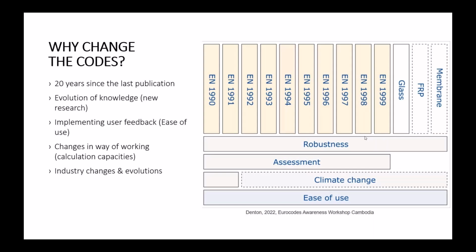Also, we changed our way of working in 20 years. Luckily, there's been some evolution, mainly in the calculation capacities that we have today with our computers and with programs such as SCIA Engineer, and there have been some evolutions and industry changes. And of course, it's not like in these past 20 years there have not been any changes to the codes.